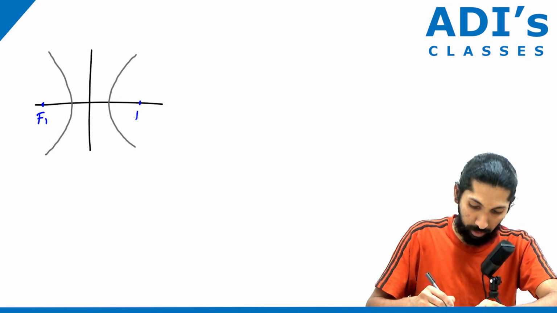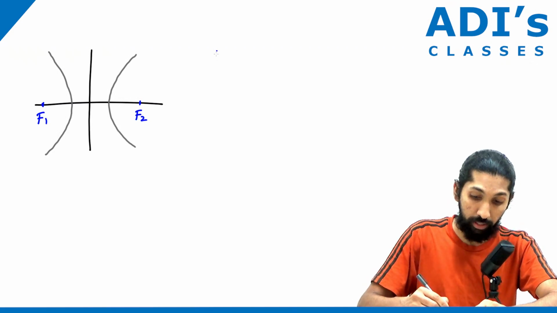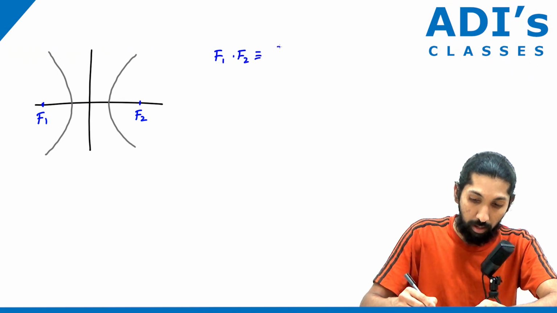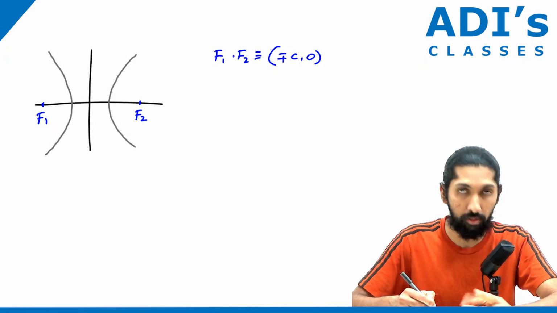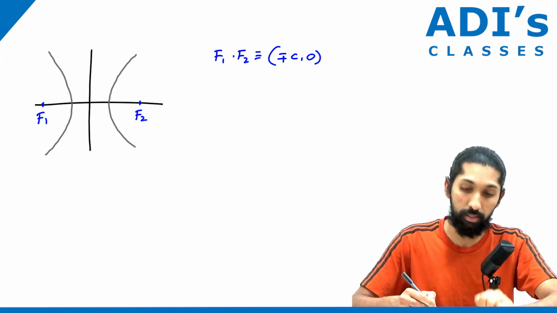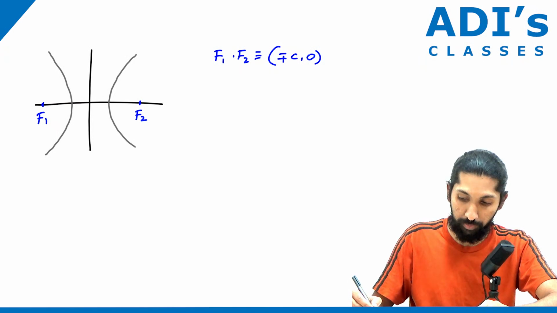So F1 and F2. The coordinates of the foci F1 and F2 are given by minus or plus c comma 0. That means F1 is minus c and F2 is plus c. That's why it's minus or plus c comma 0. This is the first part.